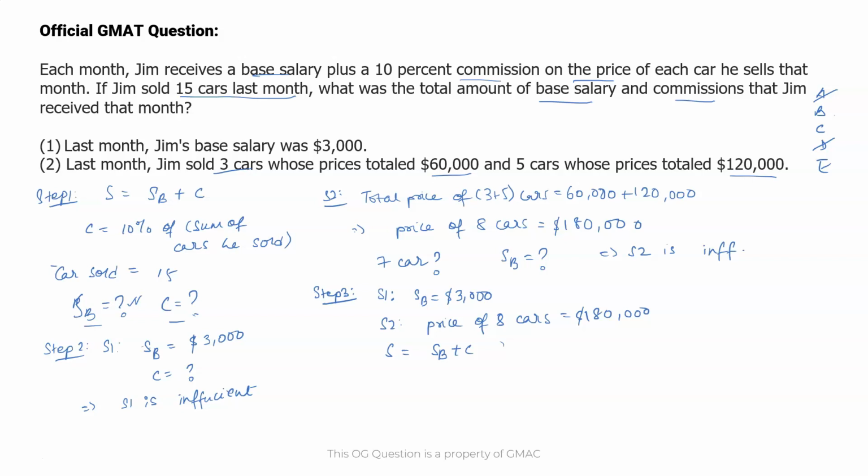The answer is no, because statement 2 tells us the price of 8 cars. The price of the other 15 minus 8 cars, which is the 7 cars, is still unknown. So we cannot calculate the salary. Hence both the statements together are also insufficient.